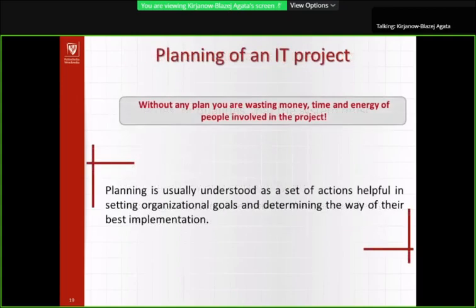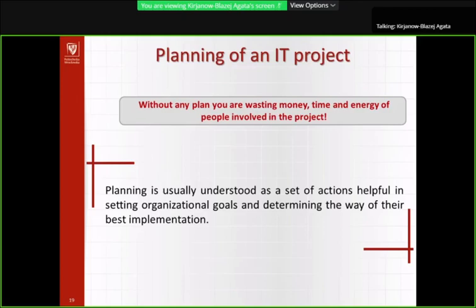And let's go to planning of an IT project. Without any plan, you are wasting money, time, and energy of people involved in the project. The planning process includes elements such as decision-making, choice of course of action, and management efficiency.